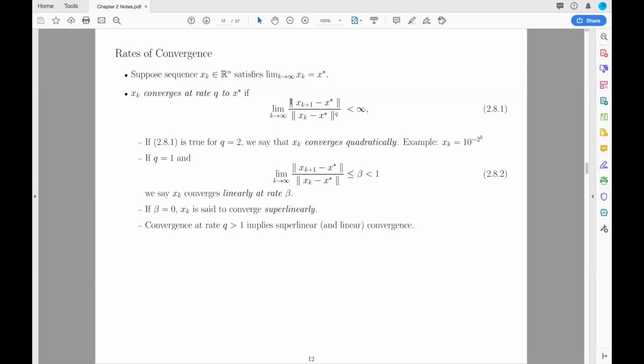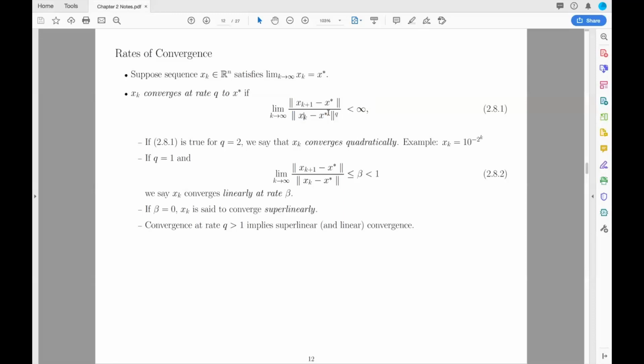What we're interested in is measuring the speed with which it is getting to x star. One notion is you pick some number q, and you look at the error of the k+1 iterate and divide by the q power of the error of the kth iterate.